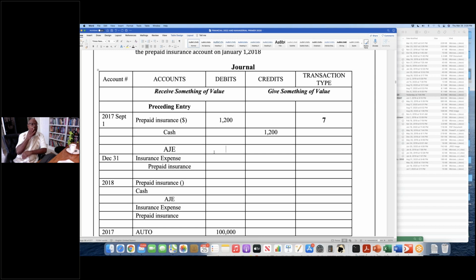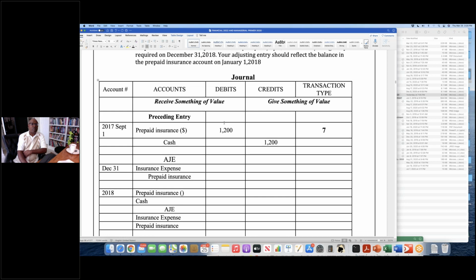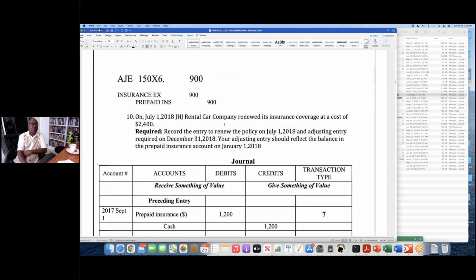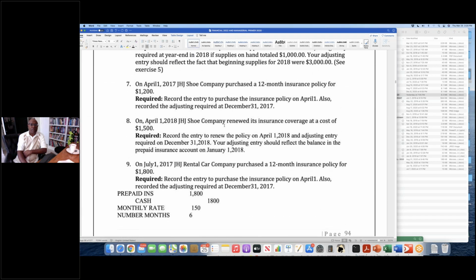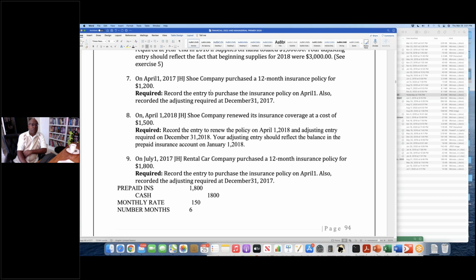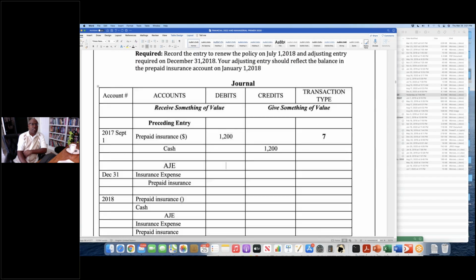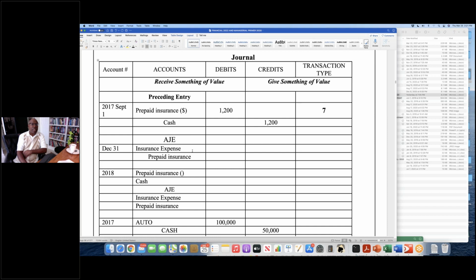So what's going to be involved in this AJE? It's 12 months, so the insurance is expiring at the rate of $100 a month.